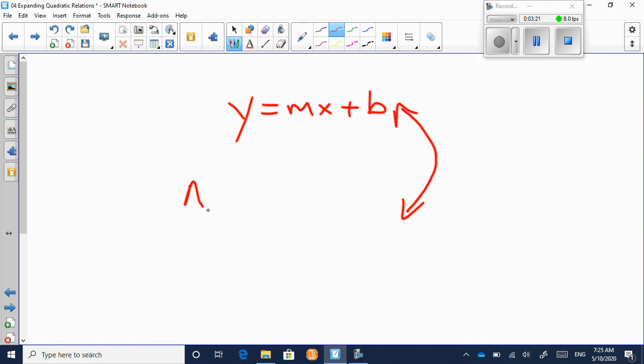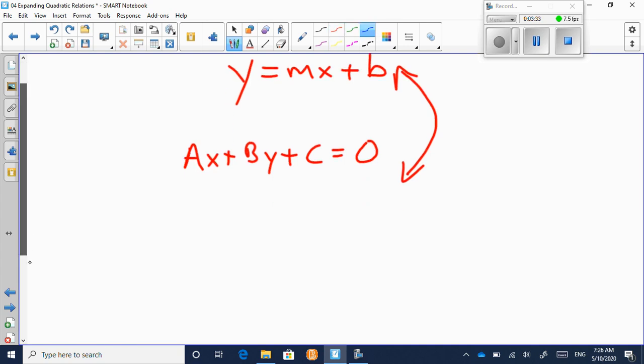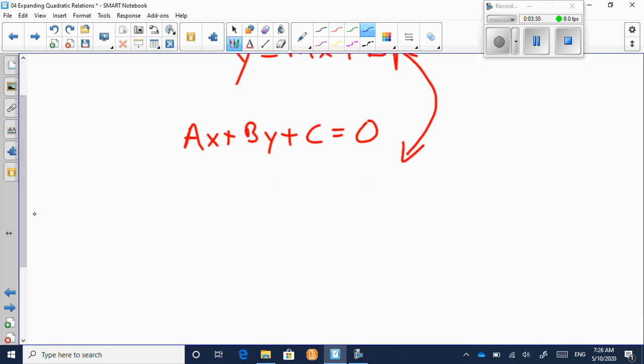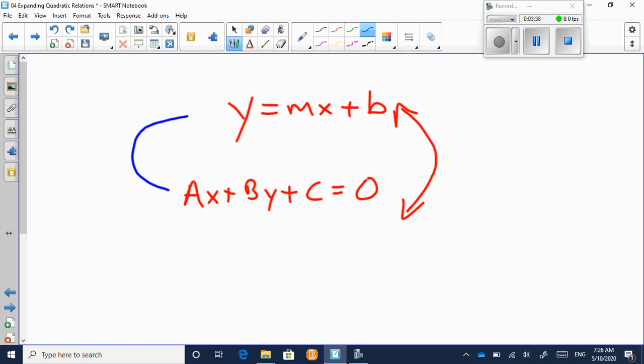We said it was ax plus by plus c equals 0. You can move back and forth between those. Well, you want to be able to do the same thing with quadratics. And again, just kind of an example of this, I think we more often would have gone from this form to this form because we wanted to see the slope and the y-intercept.